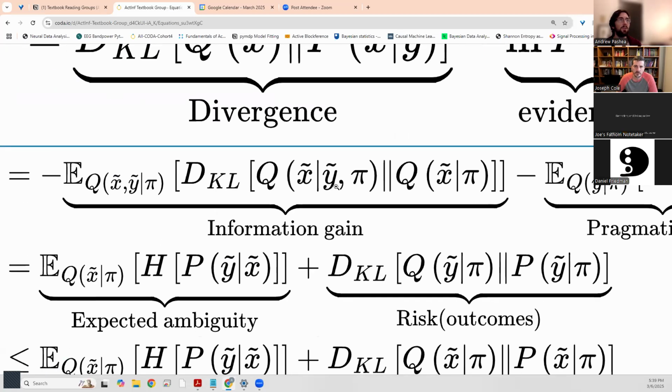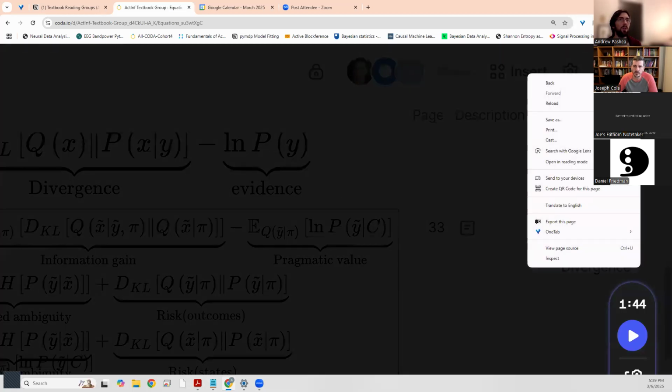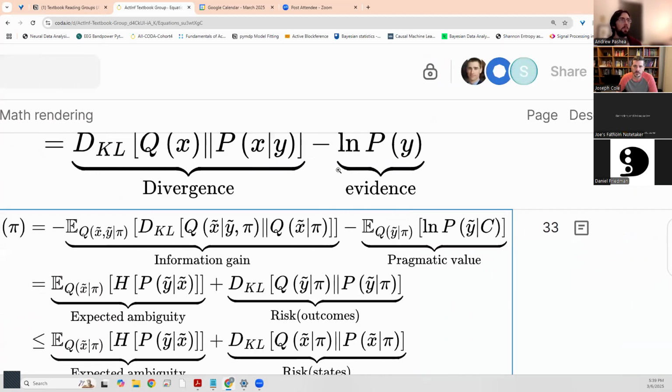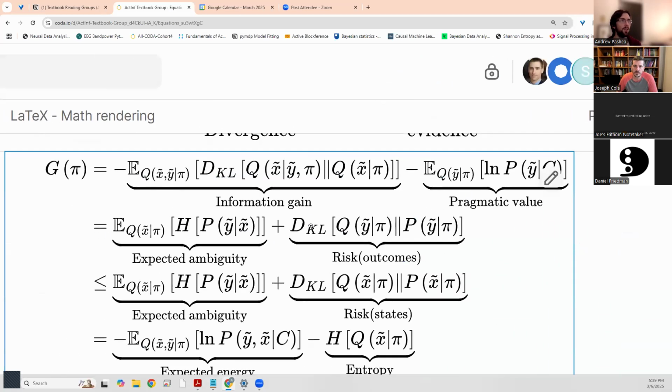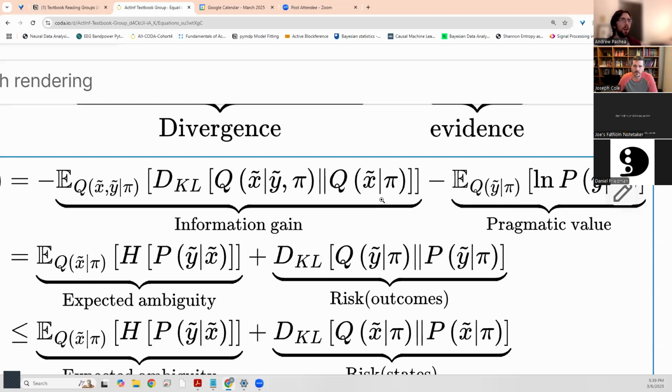Expected free energy, and it's a broad generalization, but I genuinely think maybe 80% to 90% of all the literature you read in active inference, most people are just going to focus on describing it this way: information gain and pragmatic value, because it comes off as the most intuitive and the most interesting in terms of viewing things in explore-exploit paradigms. It's just the clearest way of expressing that.